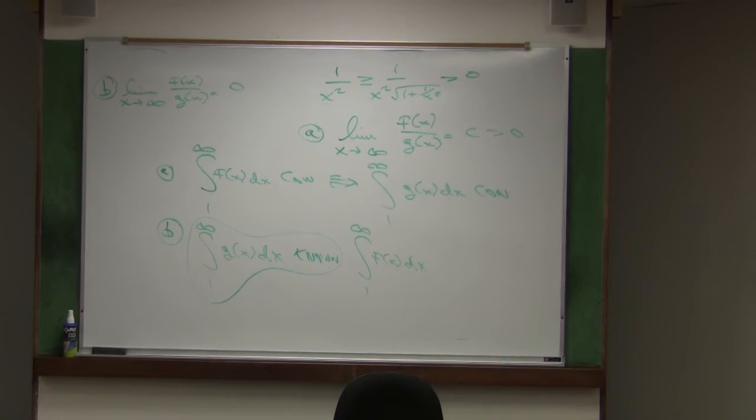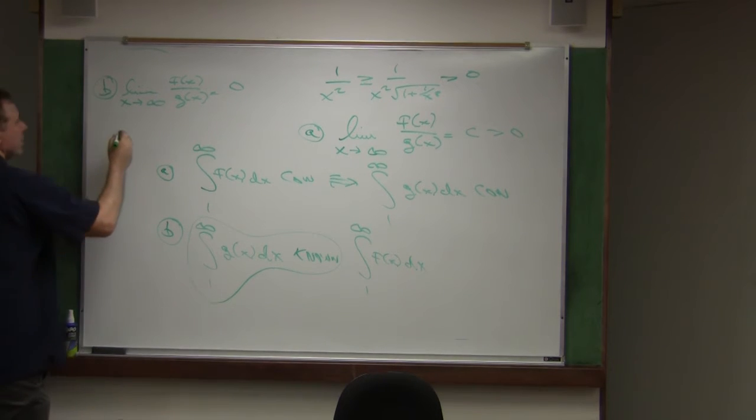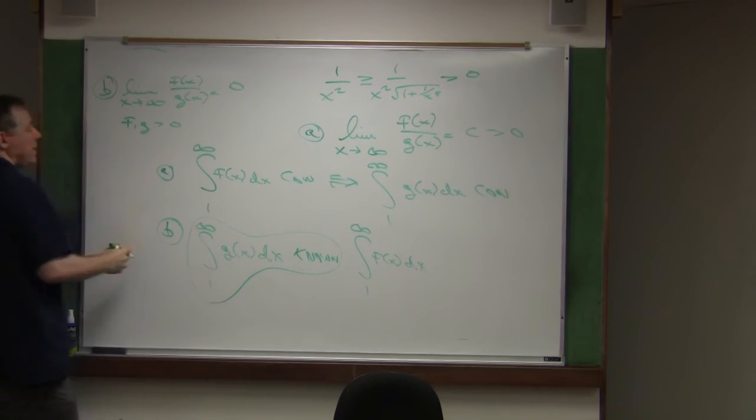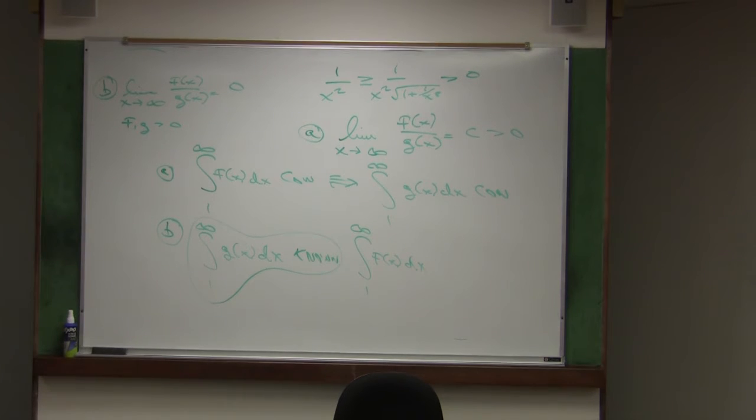Now I'm claiming there's partial information. You know that f is a lot smaller than g. They're both positive, but the ratio is going to 0. So you know g is getting a lot larger compared to f.